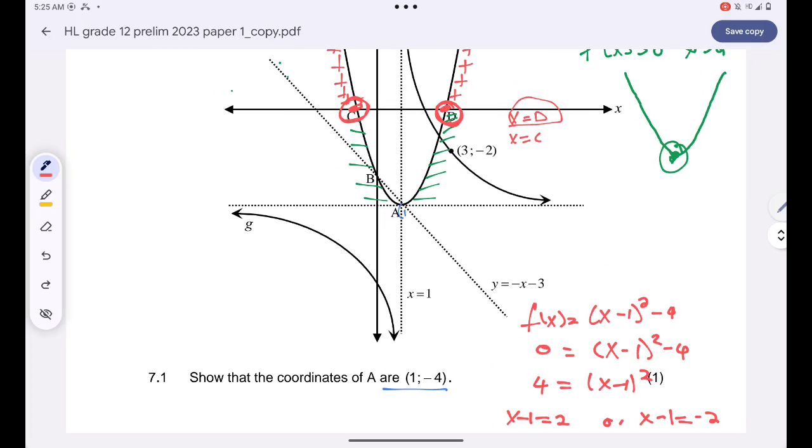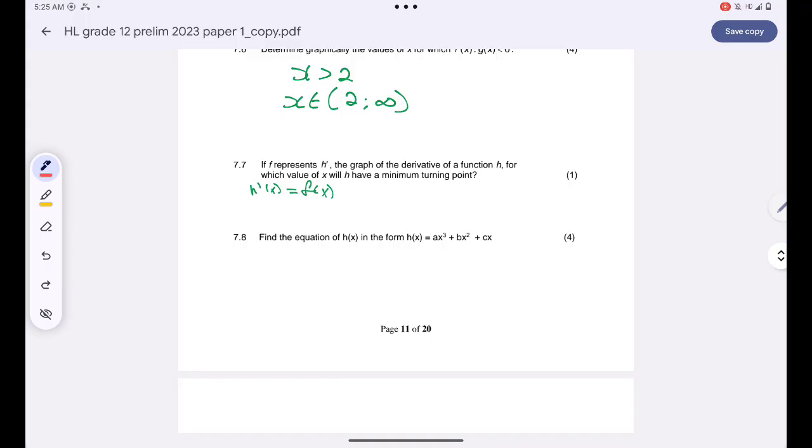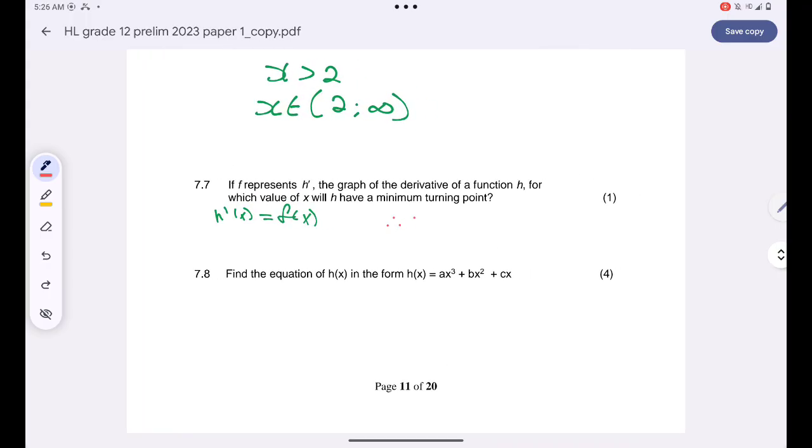So the x value at D is equal to 3, the x value at C is equal to negative 1. So we will find our local minimum for h of x when x is equal to 3.